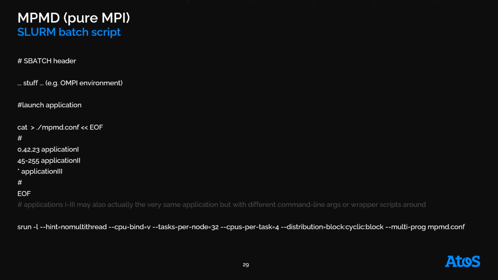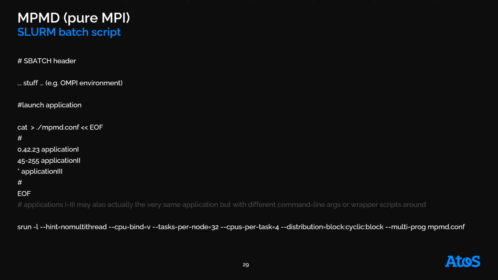And in order to actually use that, you have to put minus multiprog and the path to your configuration file on the srun command line instead of the actual application, because the application calls are already in that configuration file.